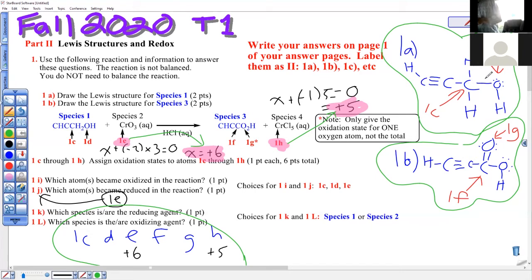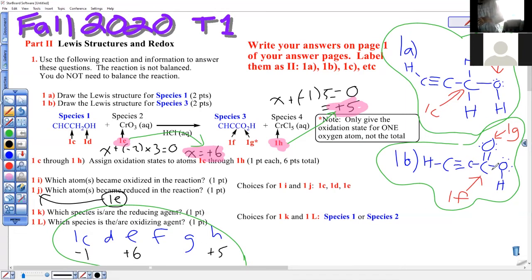You get a +1 for a bond to O. You get a 0 for a bond of the same electronegativity. So negative, negative, positive is -1 when you add them all up. 1C is -1.